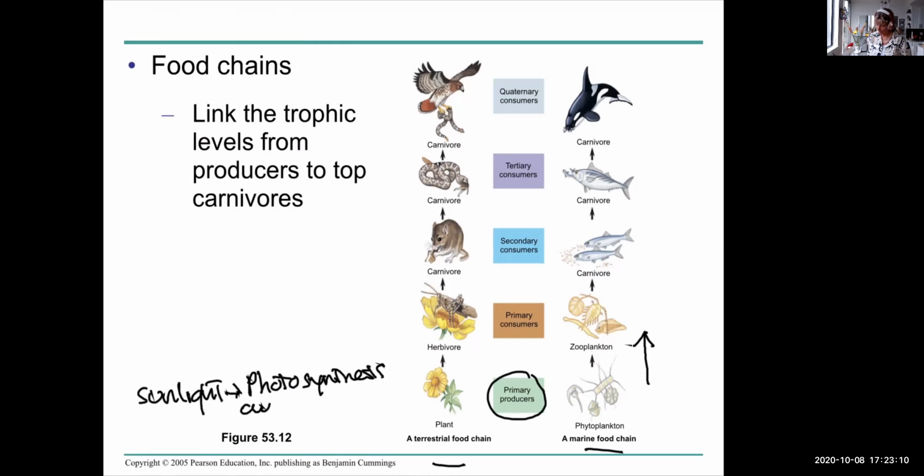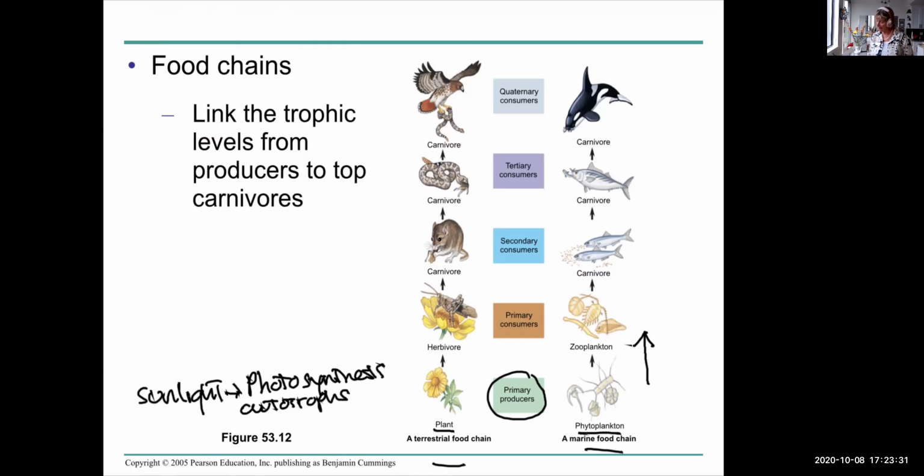And are autotrophs. They make their own food. They're bottom of the food chain generally, and in a marine system, it would be the various phytoplankton that we looked at. And in a terrestrial system, it would be the plants are the primary producers.